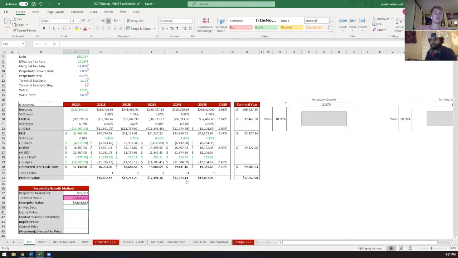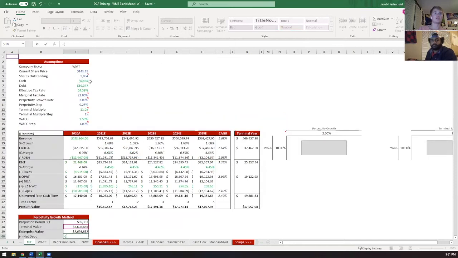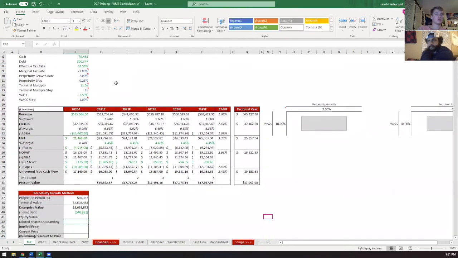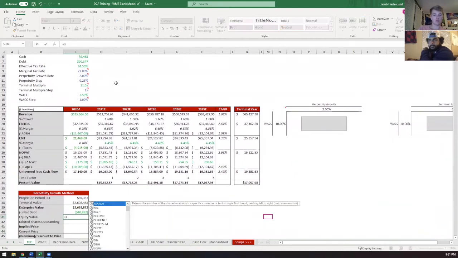So it includes both debt holders and equity holders. But in order to get equity value, we have to subtract out net debt. So net debt is just your debt minus your cash. So up here we have debt, and then we'll subtract out cash. That's our net debt. Our equity value is just going to be the sum of these two.